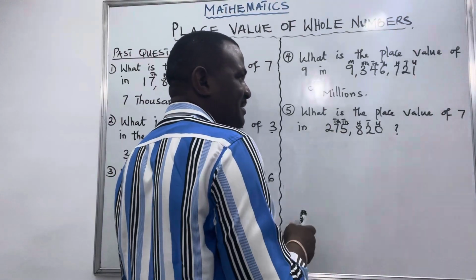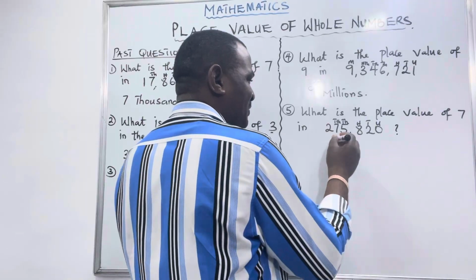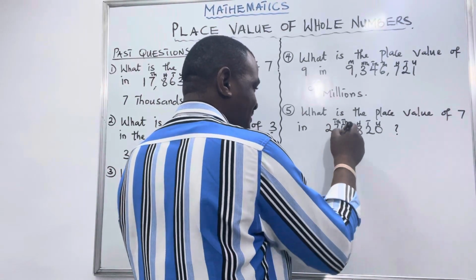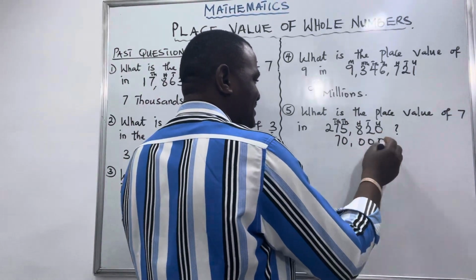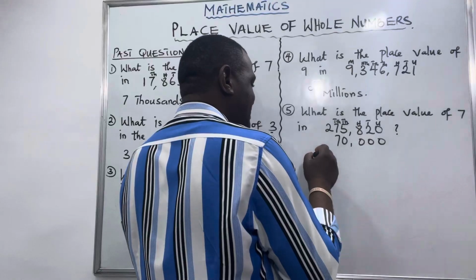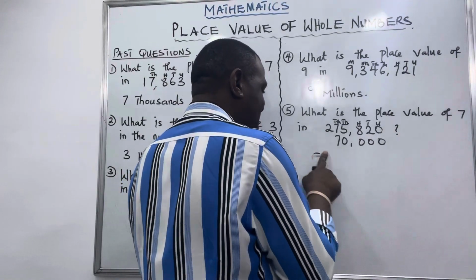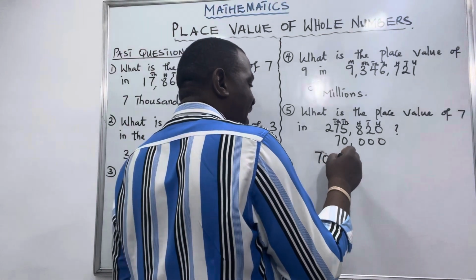Or you can do like this: 7, 0. Once you write the 7 down, we replace everything with 0. 0, 0, 0. That is 70,000. Okay, let me write it in figure. 70,000.